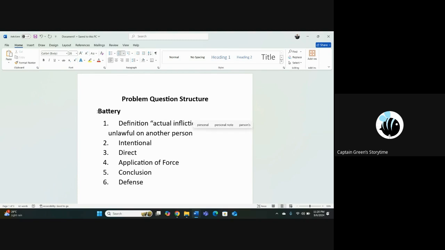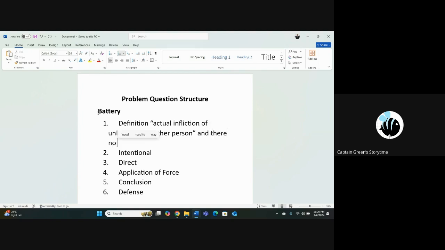Perfect. You should write this definition and also write that there is no proof of injury required. After writing your definition, you must come towards satisfying the elements of battery.